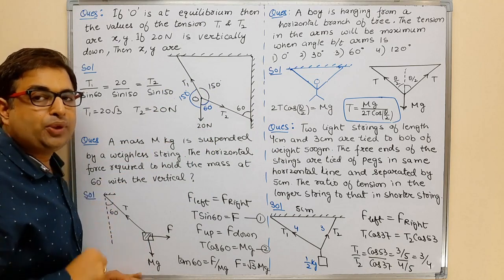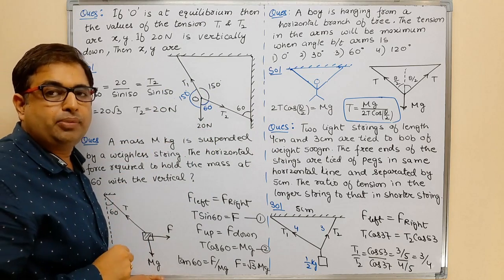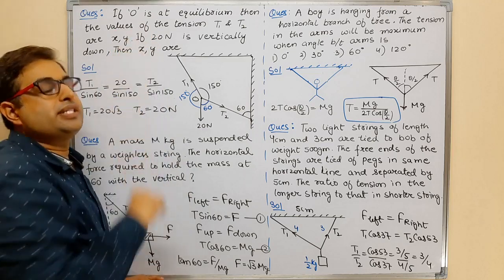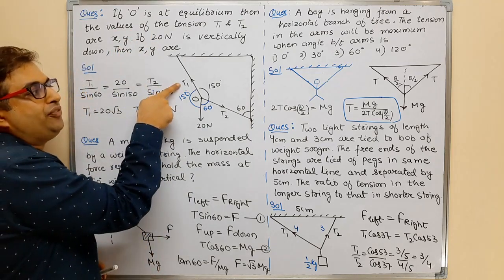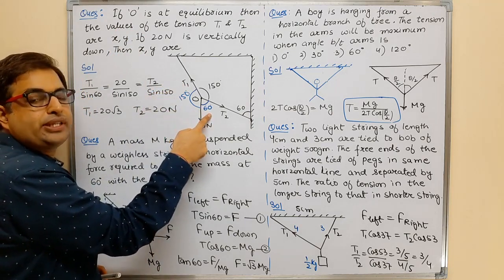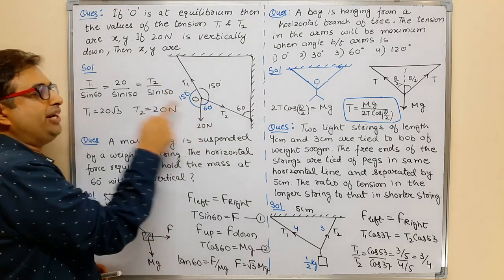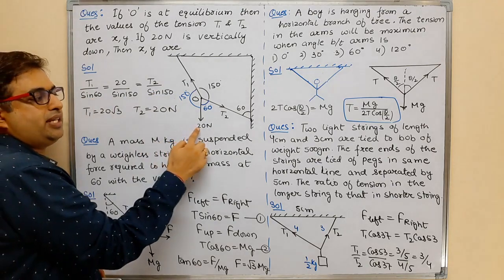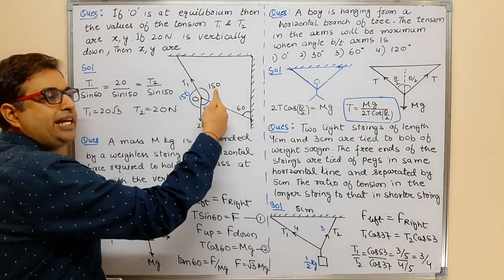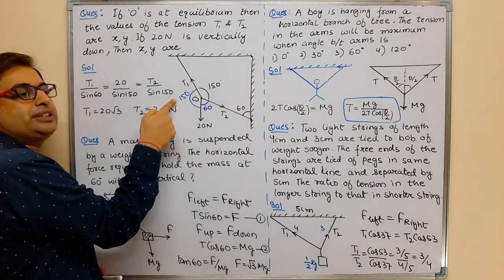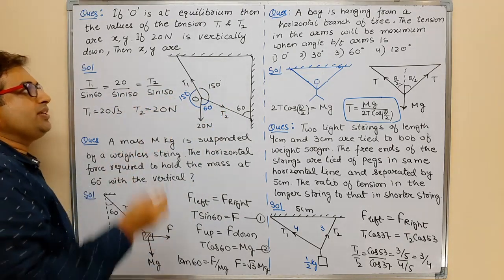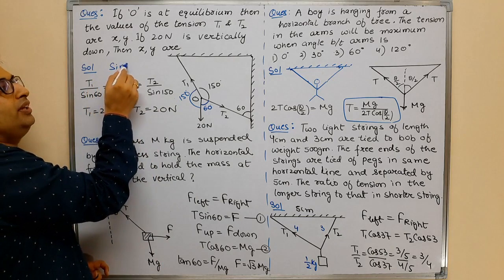Right? Now I am using Lami's Theorem to solve this problem because point O is in equilibrium condition. Net force is 0. So T1 divided by sine of opposite angle 60. So T1 divided by sine 60 is equal to 20 divided by sine 150, equal to T2 divided by sine 150. And what is the value of sine 150?